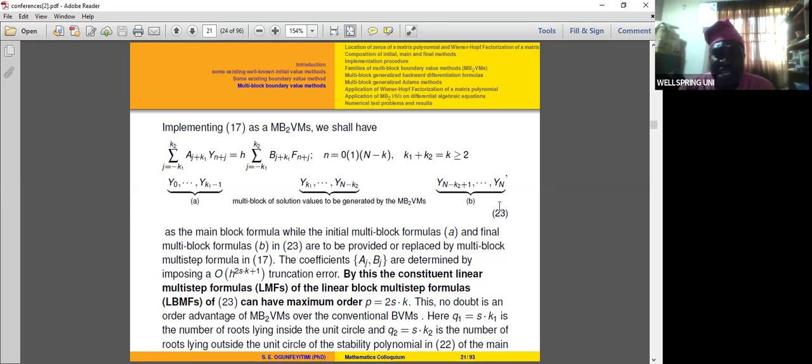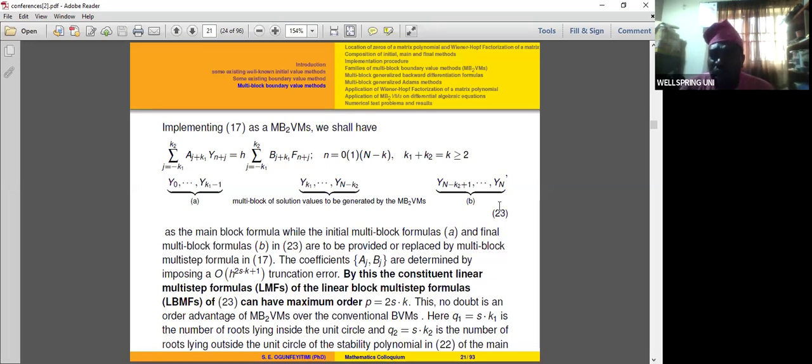This is no doubt an order advantage of the multi-block boundary value method over the conventional boundary value method. In the boundary value method, the order is 2K, while in the case of the multi-block boundary value method, the order is 2SK, where S is greater than or equal to 2. It can be 2, it can be 3, it can be 4, it can be 5.